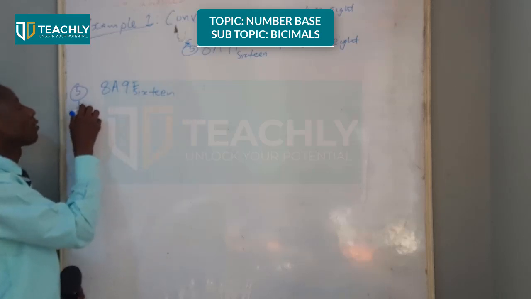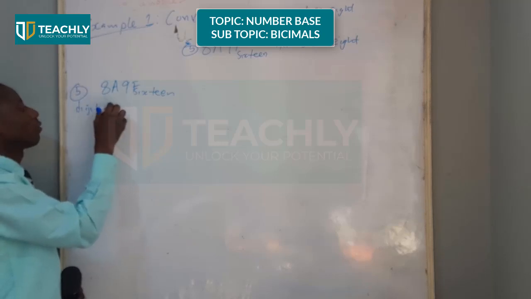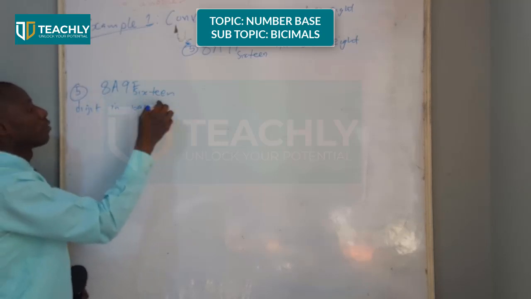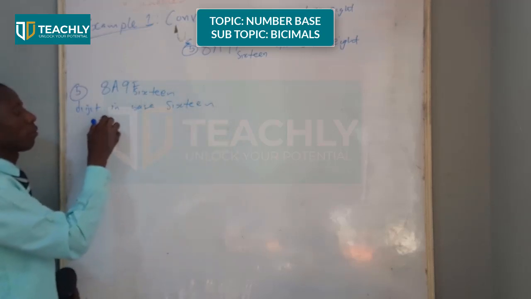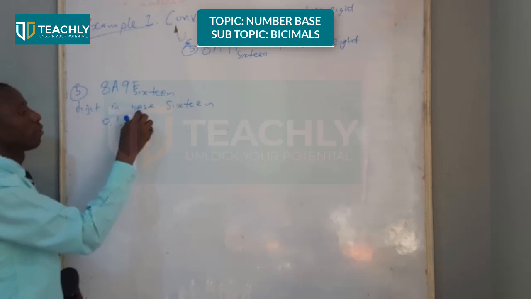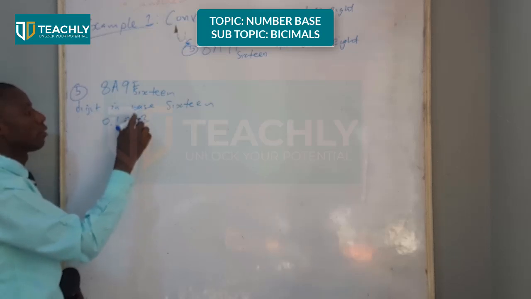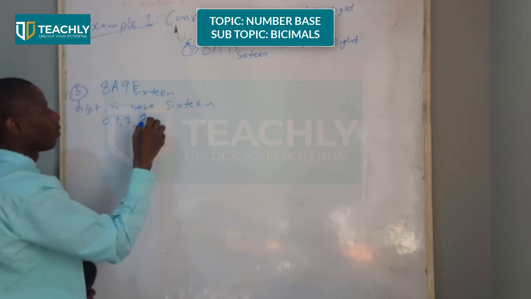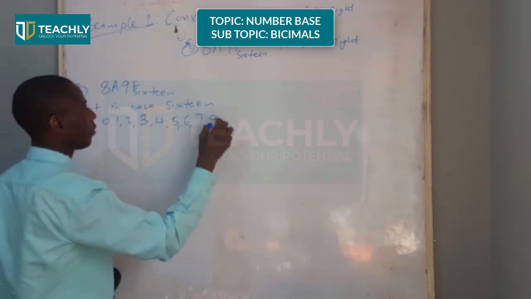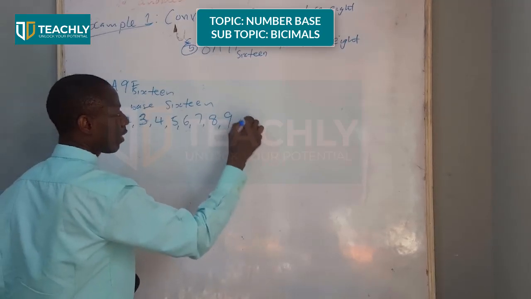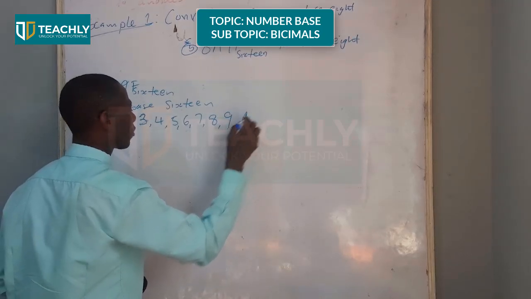So let's say digits in base 16. They are 0, 1, 2, 3, 4, 5, 6, 7, 8, 9. Instead of writing 10, you're going to write A. Letter A means 10.